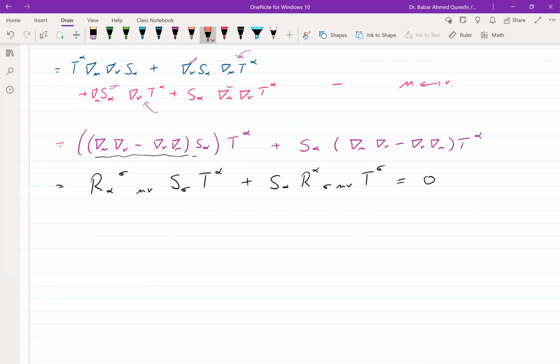So these give me, I can raise this index. I can exchange the order of these indices. So I will get R alpha sigma mu nu S sigma T alpha. Similarly, I can raise this alpha and lower this alpha in the next term. T alpha, maybe better to write it on the other side.